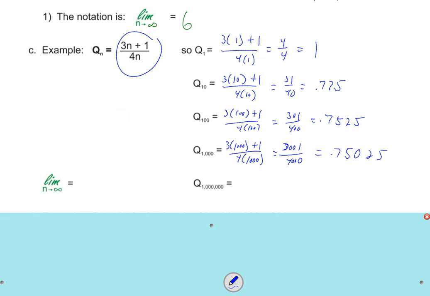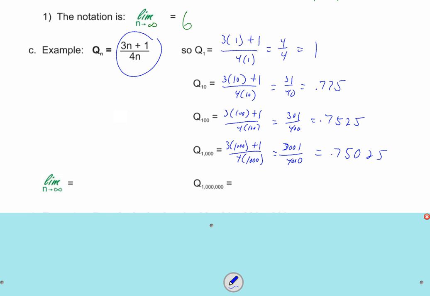What's the limit? Where we started at 1, now we went down to 0.775, then we went to 0.7525, now we're down to 0.75025. We're heading to infinity, and what real number are we heading toward? What are you guessing? 0?